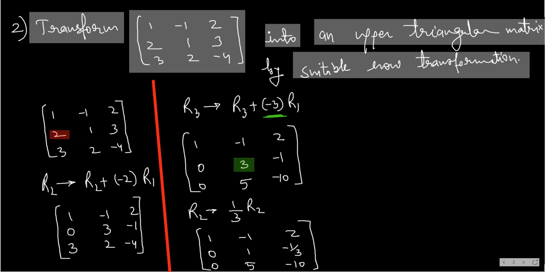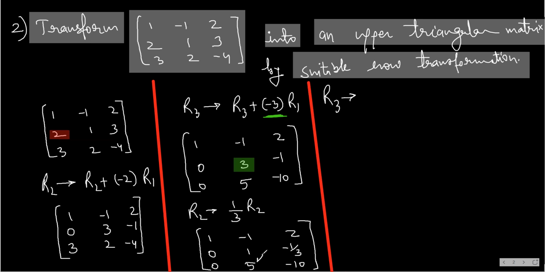Now I do what I want. What did I say, my dear students? I want 0 at the place of 5. So see, how do I do it? I write here R3 changes to, why R3?